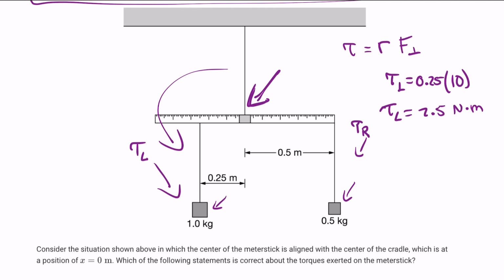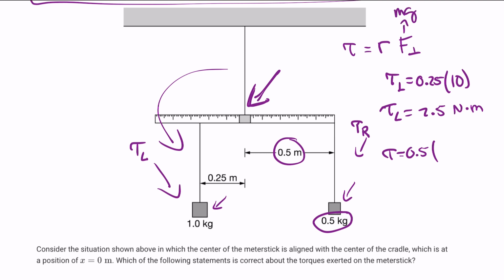Great, so let's go ahead and figure out how much torque is generated on the right side. It's going to be 0.5 times, now we take this 0.5 and multiply it by 10, mg, because that's what we're calling this force. We're calling this force mg.